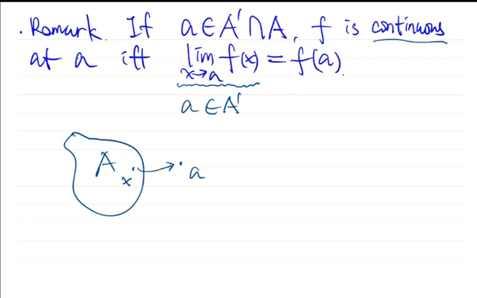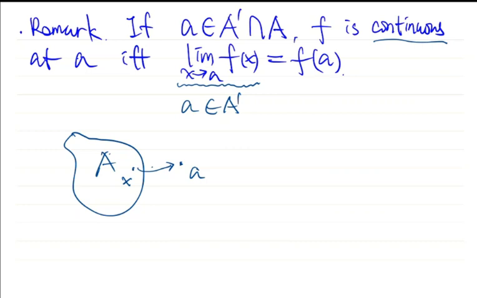If small a is not a limit point of this set capital A, those points in capital A could not converge to a. Therefore, we could not say what happens when x goes to a. So to define the limit, this is why we need to assume that a is a limit point of capital A.